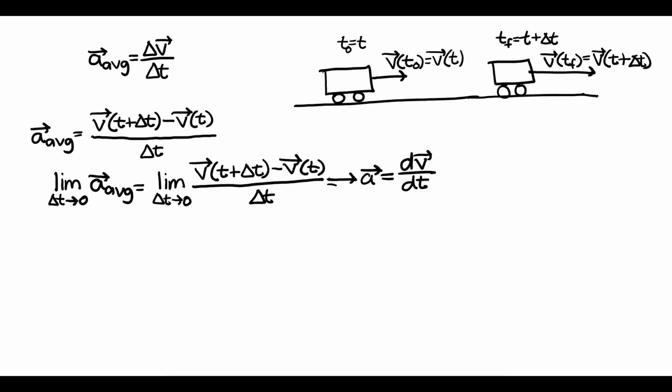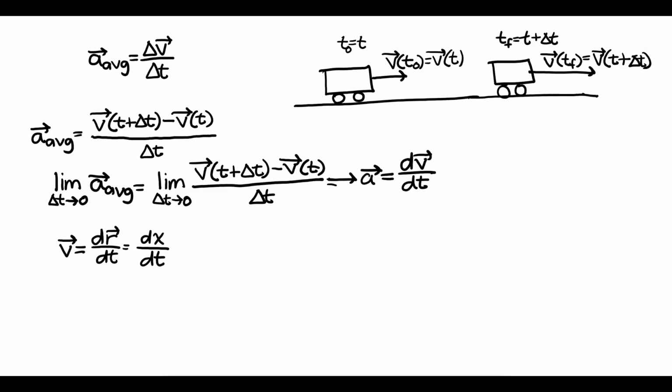Now, if you remember, our velocity is dr dt or dx dt. I probably used x in the last one. Okay, r is the vector notation. You usually use r for position. So we're going to just use the vector notation.